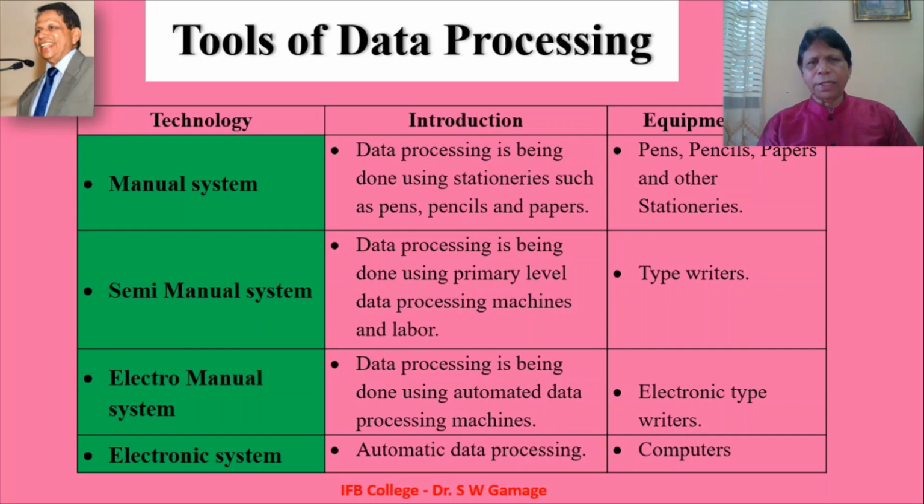Now actually there are various tools used for data processing: manual system, semi-manual system, electro-mechanical system and electronic system. If you follow this diagram, you can see there are 4 tools used for data processing.